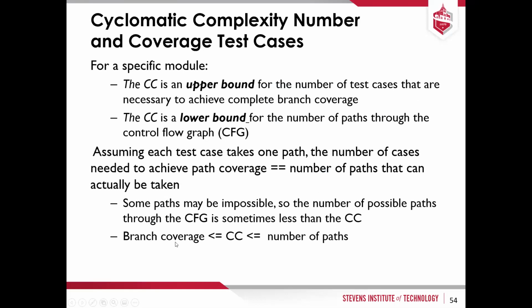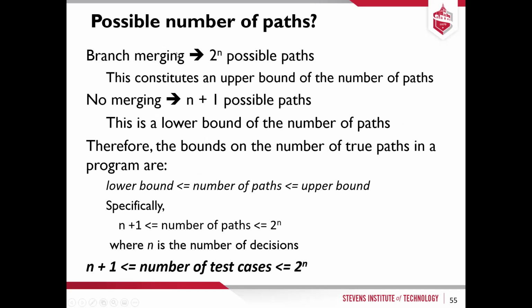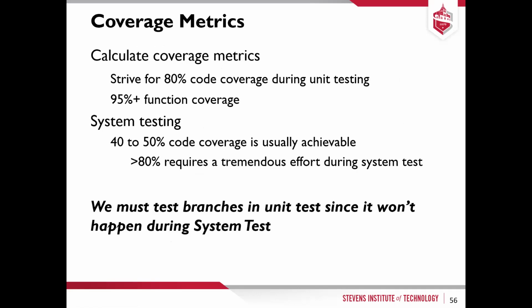The branch coverage, 2^n, and the number of paths that I have, then the code coverage for the test cases is something between the two. So branch merging would be 2^n, not merging would be n + 1. CC should be something between 2^n and n + 1. That would be the number of test cases that I need to make sure that I have the highest level of code coverage. So the calculation, for example, gives us the 80%.